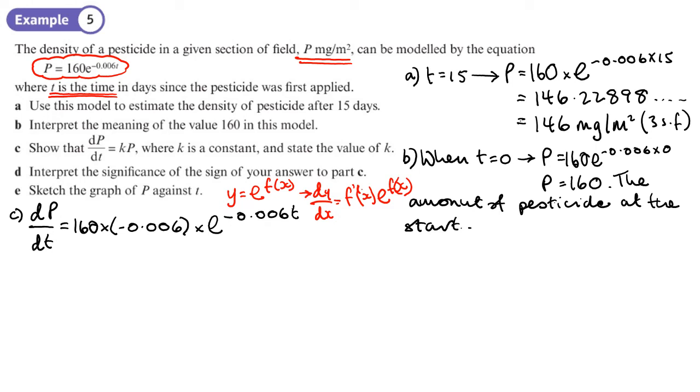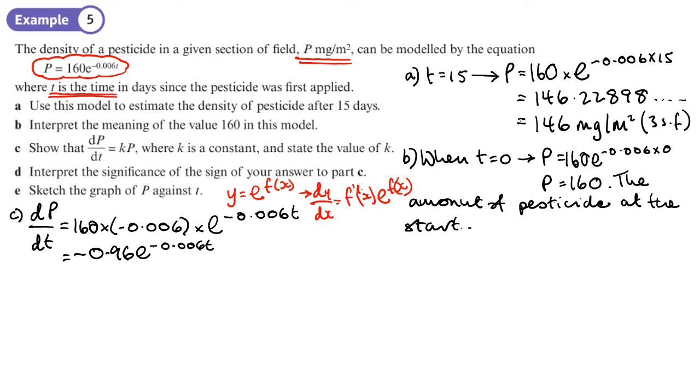Like that. So let's work out what 160 times by negative 0.006 is. So negative 0.96 e to the negative 0.006 t.